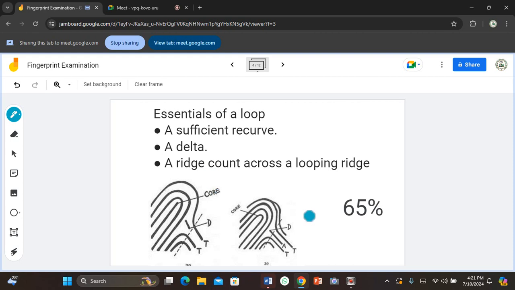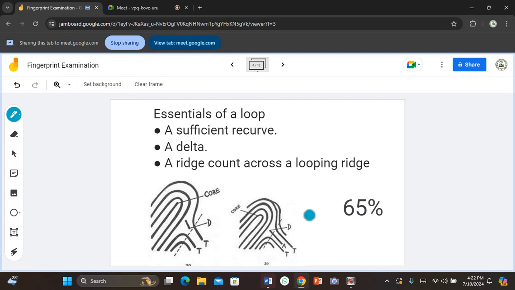In all the prints that you'll be encountering, loop is about 65% of all of them. Most fingerprints will belong to loops, because it's about 65% of all the fingerprints that we will be encountering.